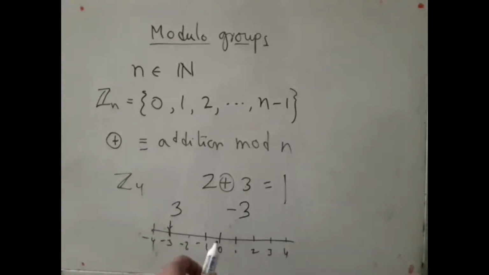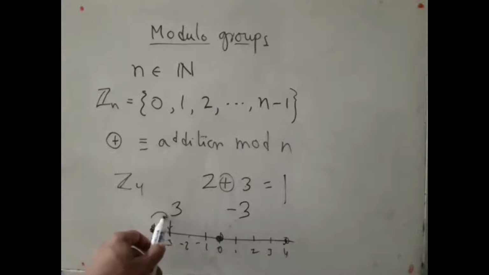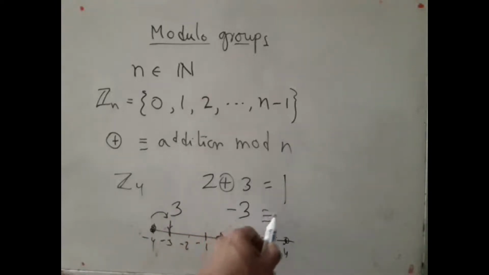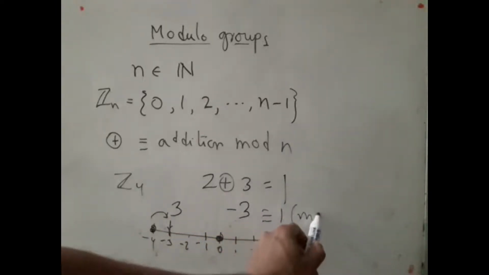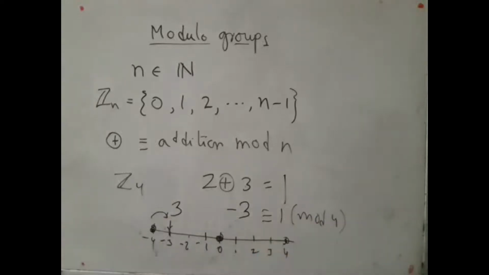The multiples of 4 are 0, 4, minus 4, minus 8, etc. So minus 4 is the largest multiple of 4 that is less than or equal to minus 3. If you start from that, you have to move one step to come to minus 3. So minus 3 is actually 1 mod 4. That is the definition of this modulus.